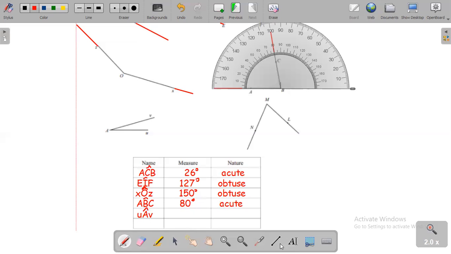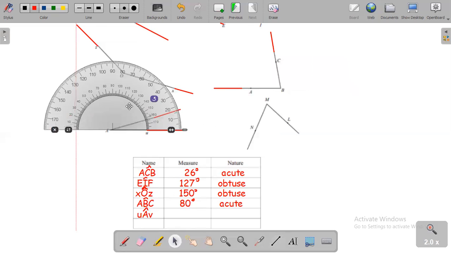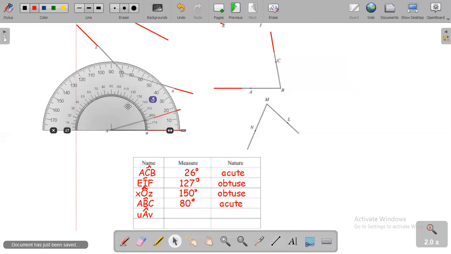Now let's find the measure. We have first to elongate the arms. Now we take the protractor and we put it on one arm. Let's put it on AU. And we put the middle on the vertex A. And we look at the numbers starting from 0.